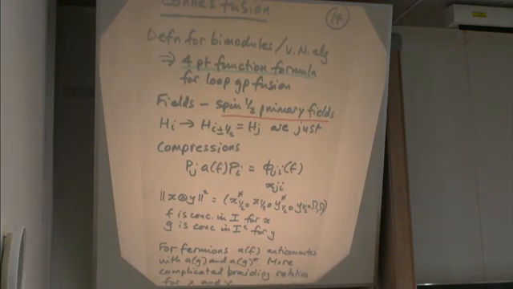So the definition for bimodules over von Neumann algebra, which Alain did, reduces to a 4-point function formula that's actually down there for loop group fusion. So that gives something which can be written in terms of loop group things.